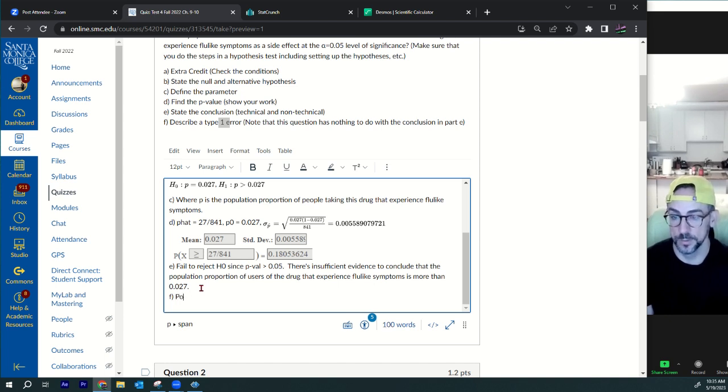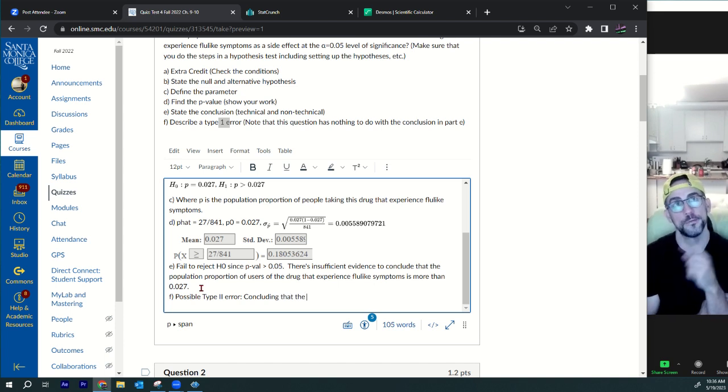Let's say this, possible type 2 error would be concluding that, now this is accepting a false null. Accepting a false null.